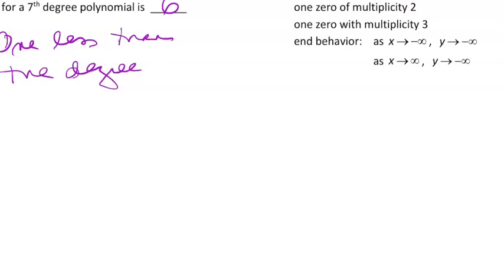Okay, so let's look at 10. Sketch the graph of a degree 6 polynomial with one zero of multiplicity 2, one zero with multiplicity 3, and the following end behavior. It's degree 6, so therefore it's going to be either up, up, or down, down. Because these guys are both going negative, my function has to be down, down.